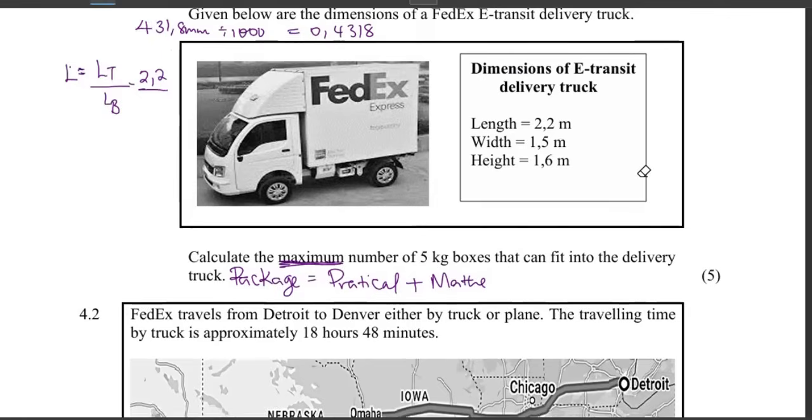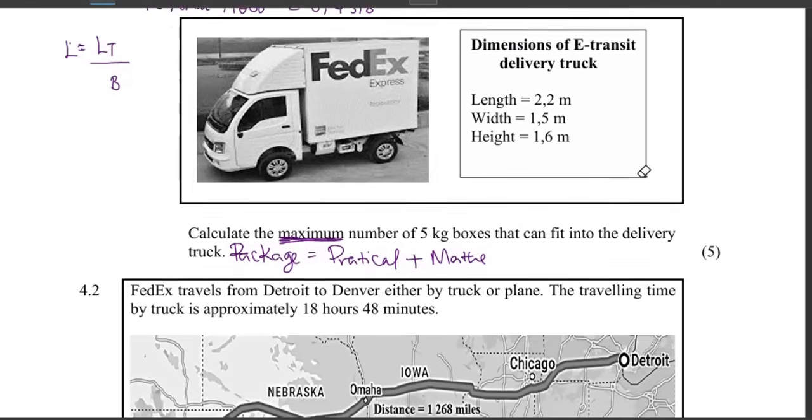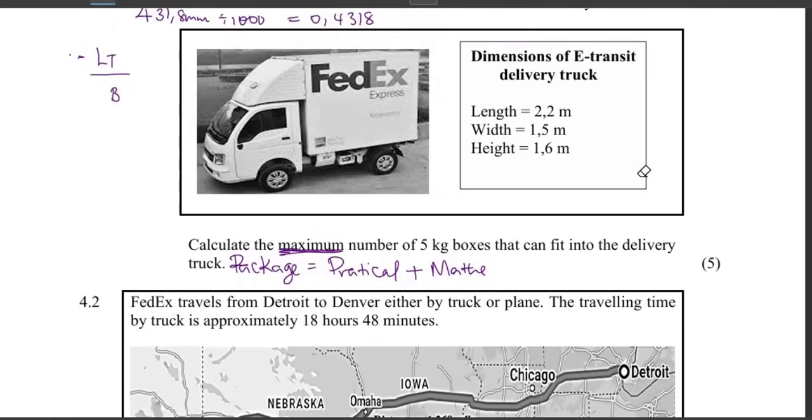So we shall come here, do the same. I want to find out on the long side, what will I get? On the short side, what will I have? So lengthwise, on the long side, I said length of the truck divided by the length of the box, which is 2,2 divided by 0,4138.